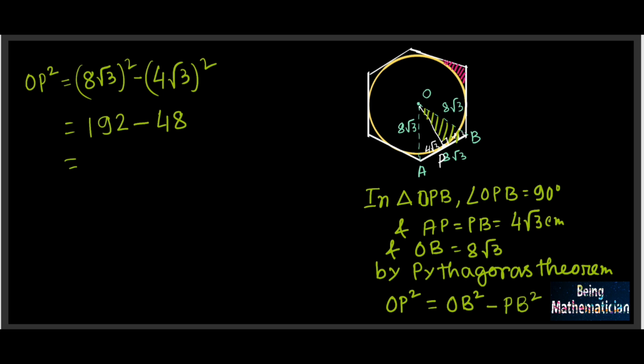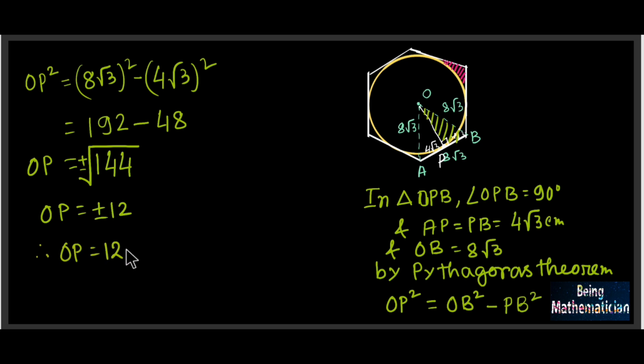So 192 minus 48 is 144. So OP must be the root over 144, and it is plus minus 12. Now OP is the length of the inradius, so we consider only the positive value of OP. Therefore OP must be 12 centimeter.